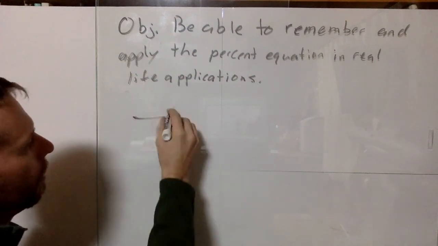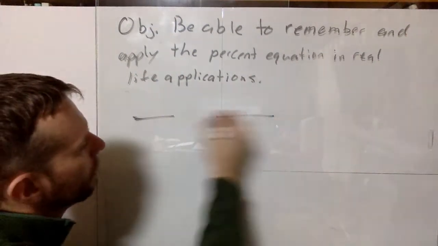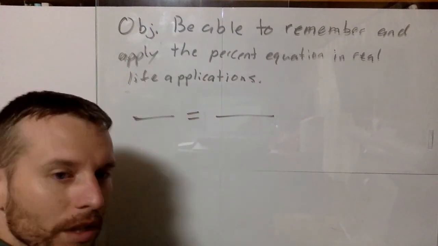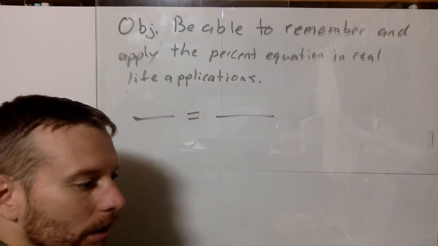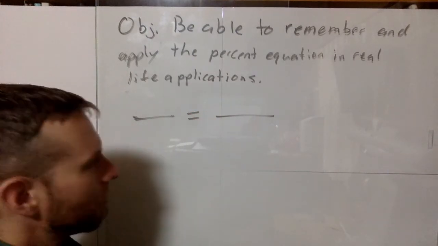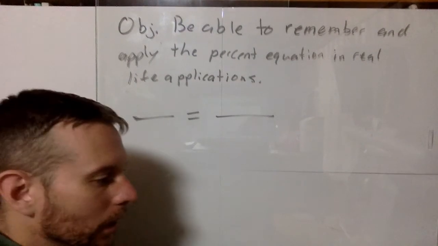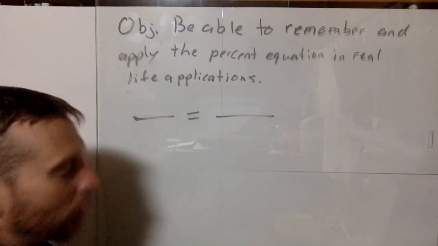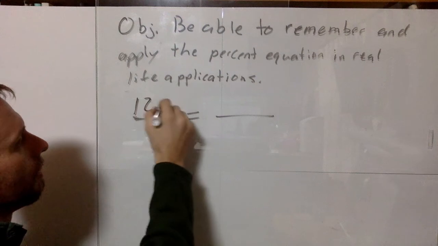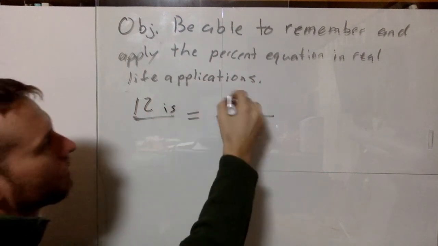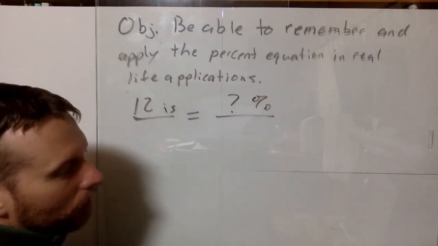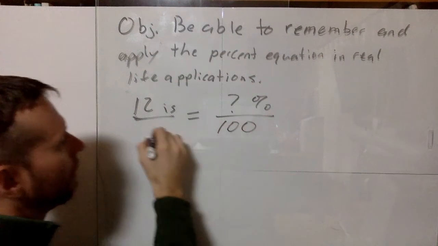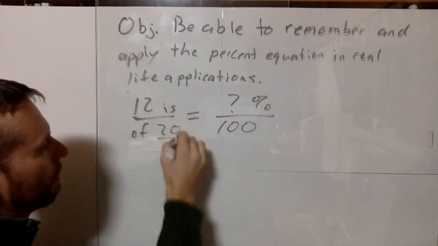Either way you phrase that, what percent is 12 of 20? I'm going to use that as an example because it's a little bit of an exception. The easy way to say it is 12 is what percent of 20.